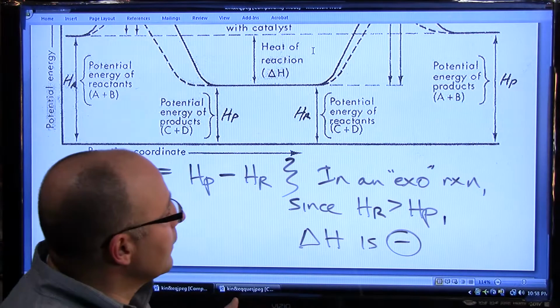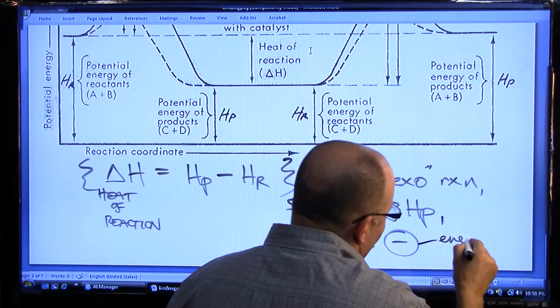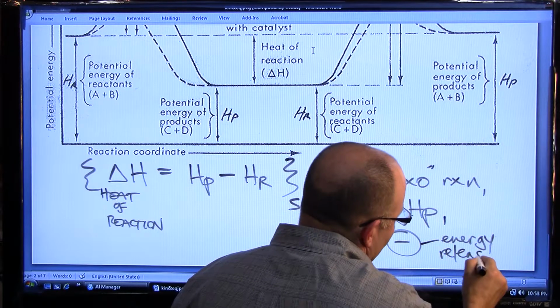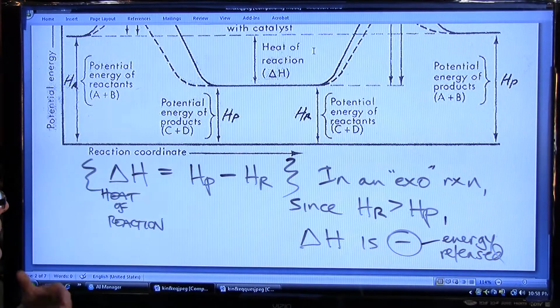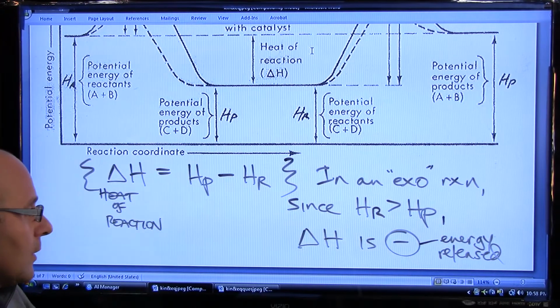And that negative indicates energy that's released. Energy, of course, that's released to the surroundings. So in an exothermic, it is a negative delta H, and in an endothermic, there'd be a positive delta H.